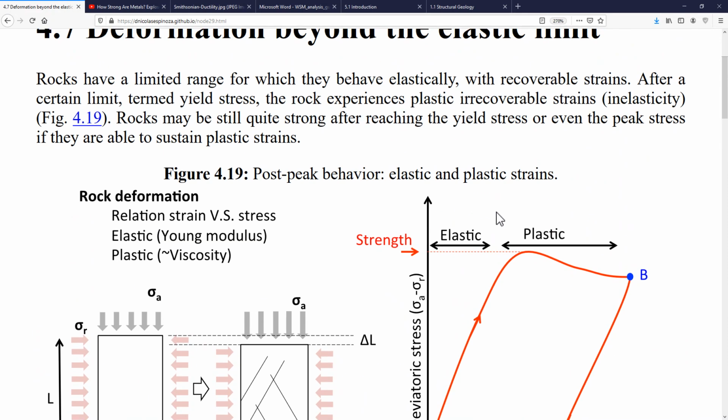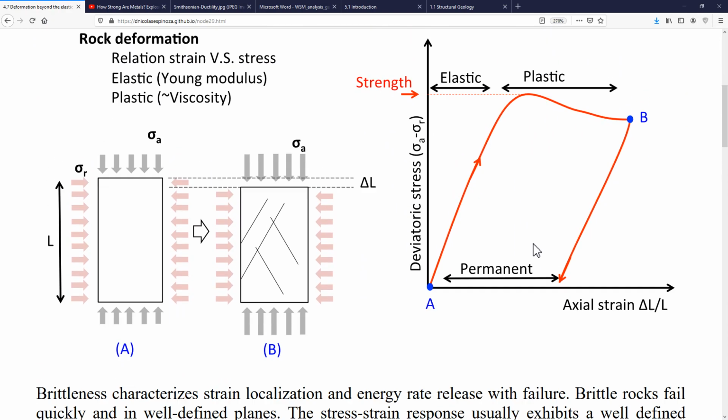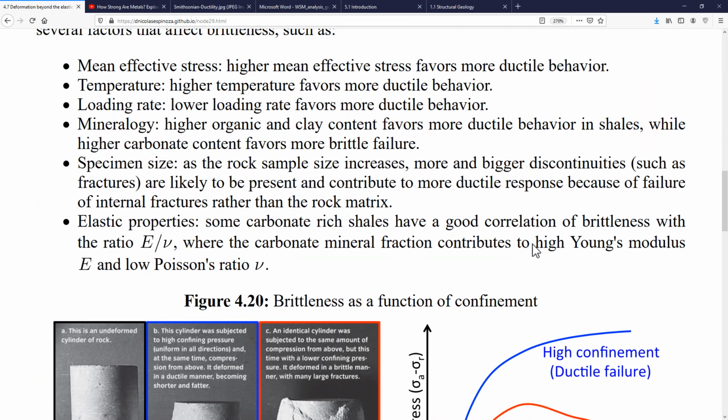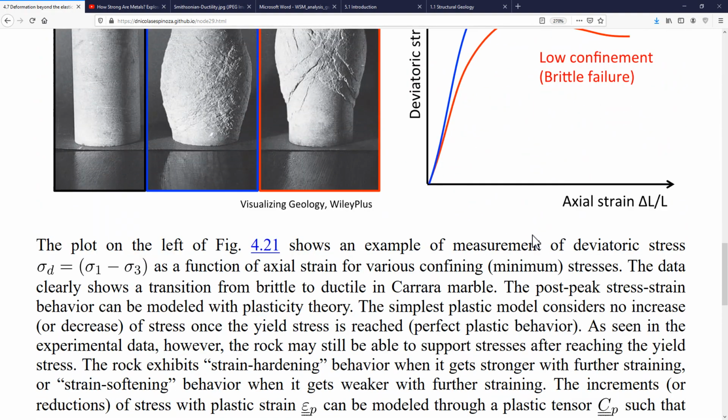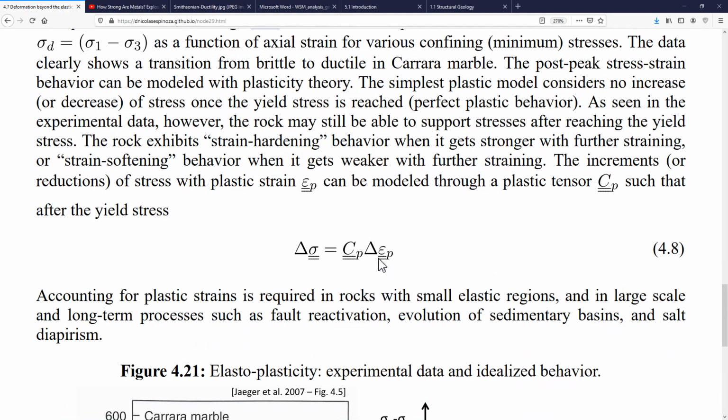In order to predict these plastic strains, what I'm going to need is a plasticity theory that is going to allow me to predict these plastic strains through what is called a plastic stiffness matrix.